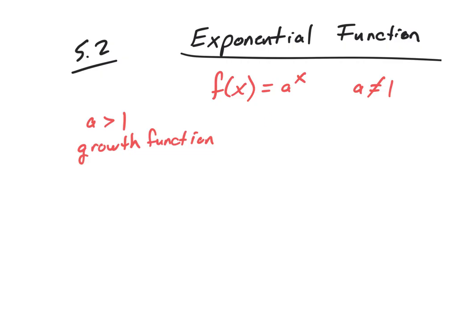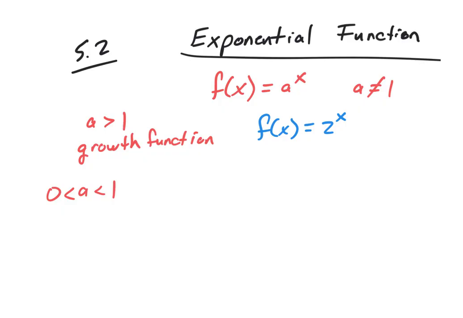That would be something like f of x equals 2 to the x. Any number bigger than 1: 2, 3, 4, 5, whatever. The variable is still x. If a is less than 1, but not only less than 1, but somewhere between 0 and 1, we don't want it to be negative, because negative will have a different change to the graph.